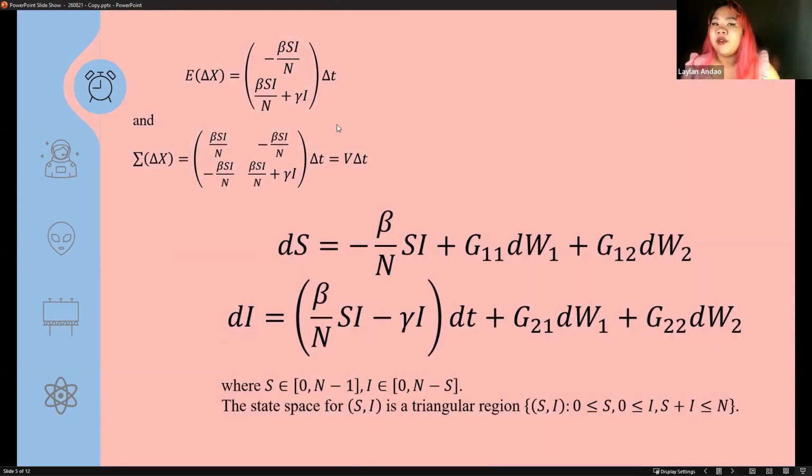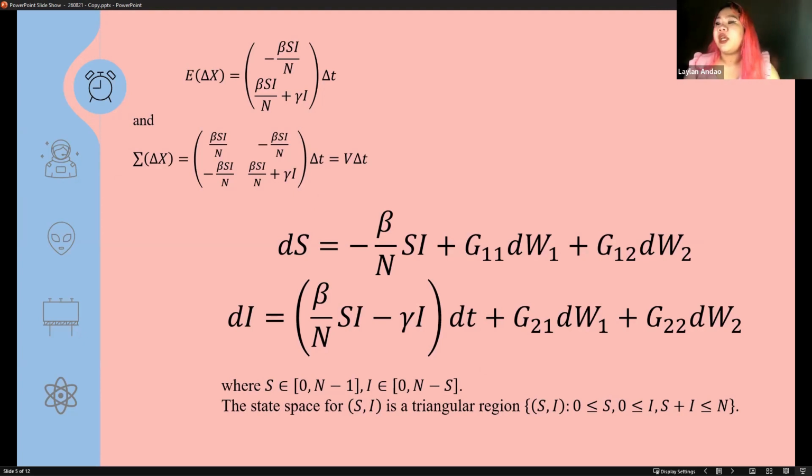The derivative of S is equal to negative beta SI over N dt, plus G sub 11 dW1 plus G sub 12 dW2, and the derivative of I is equal to beta SI over N minus lambda I dt, plus G sub 21 dW1 plus G22 dW2, where S is in 0 to N, I is in 0 to N, and the diffusion matrix G is given by this.